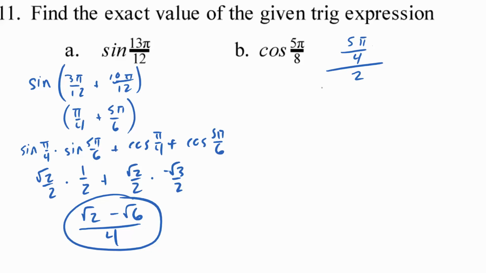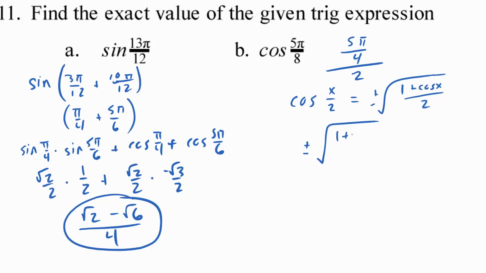And our cosine half angle, that should be in our note card, is the cosine of x over 2 is equal to plus or minus the square root of 1 plus the cosine of just x, over 2. So I want plus or minus square root of 1 plus the cosine of, now my x is just the 5 pi over 4, over 2.